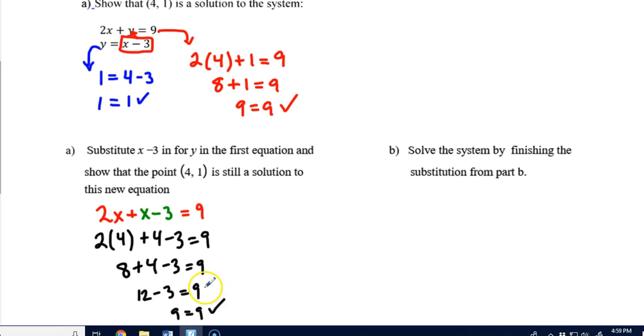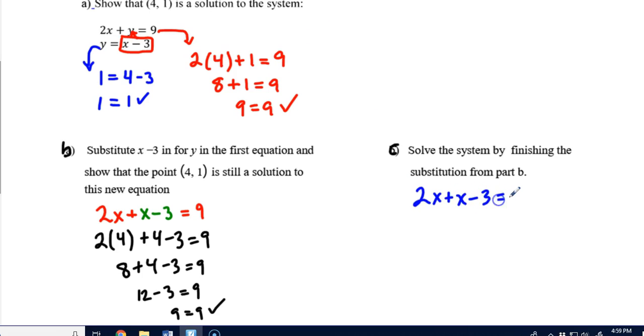Still checks. And now part B over here says, this really should be part B, and this should be part C, right? So it says solve the system by finishing the substitution from part B. In other words, take this equation that we've got, this green and red equation, and then go ahead and proceed to solve it out.